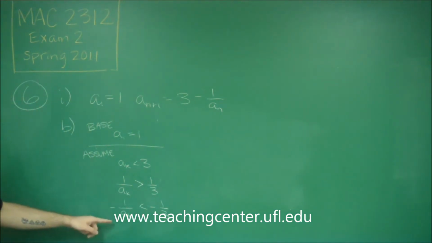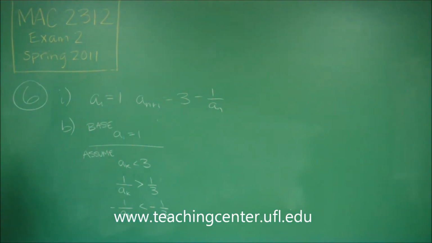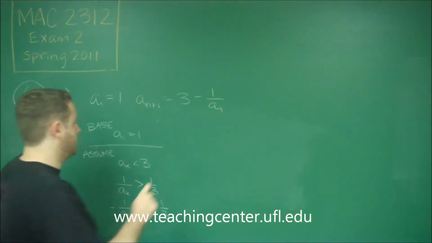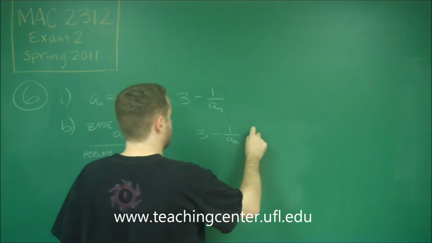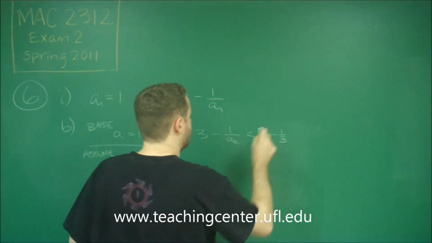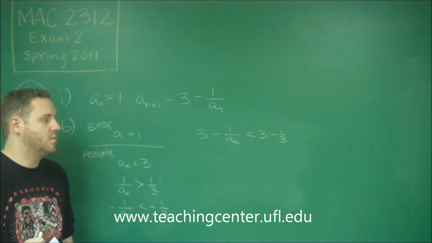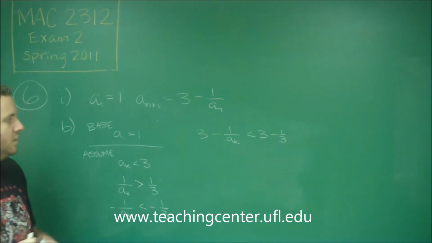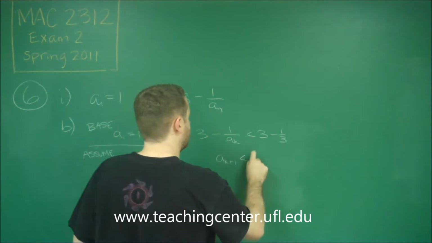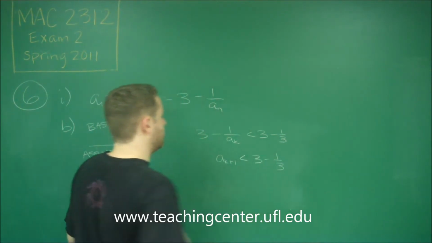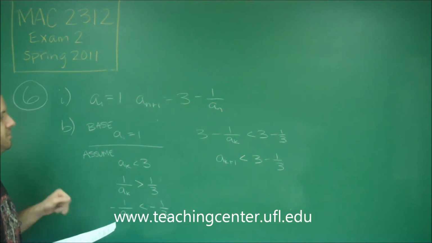So now we get negative 1 over a sub k is less than negative 1/3. And finally, we can add 3 to both sides. So 3 minus 1 over a sub k is less than 3 minus 1/3. 3 minus 1 over a sub k is a sub k plus 1. And we get a sub k plus 1 is less than 3 minus 1/3.